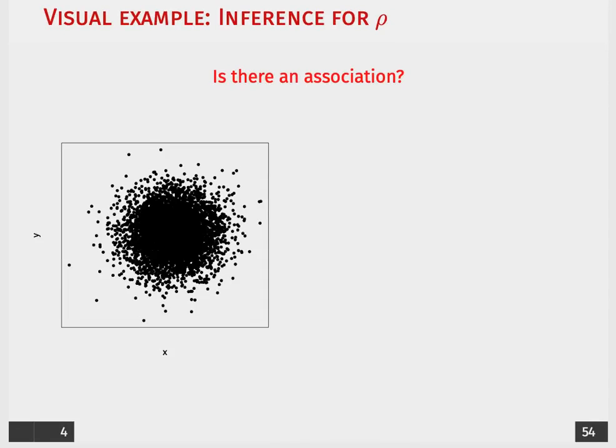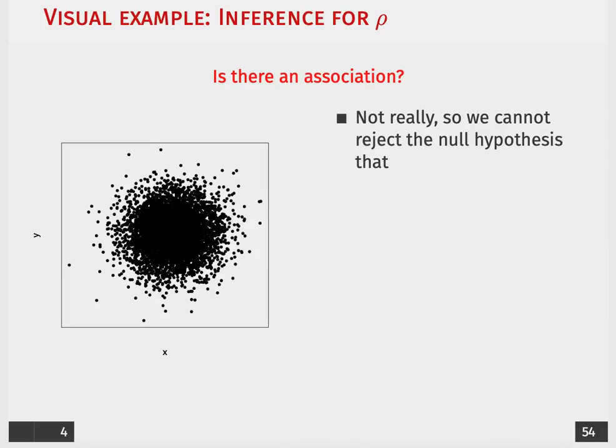So to drive this point home, I'll ask you to briefly pause and think about, is there an association here? Now, it doesn't really appear that there is a relationship, but can we say anything about rejecting a null hypothesis based on the fact that we don't see an association?